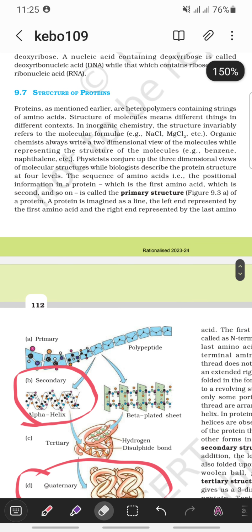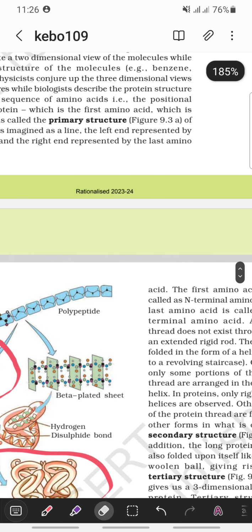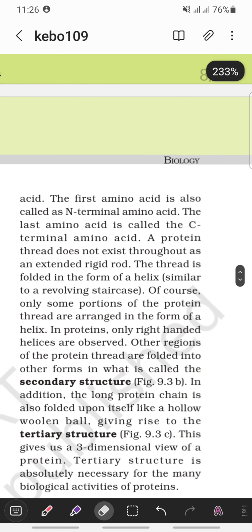Figure 9.3a. A protein is imagined as a line, the left end represented by the first amino acid and the right end represented by the last amino acid. The first amino acid is also called the N-terminal amino acid. The last amino acid is called the C-terminal amino acid.